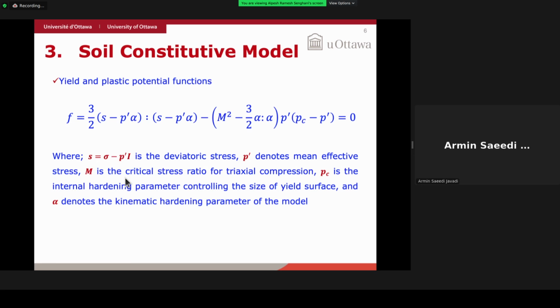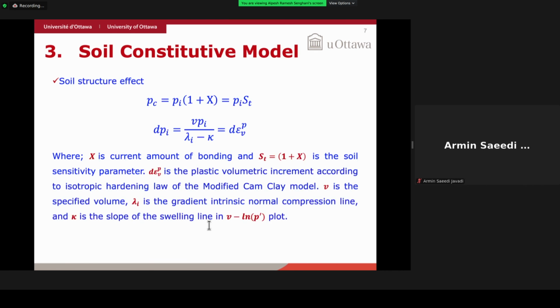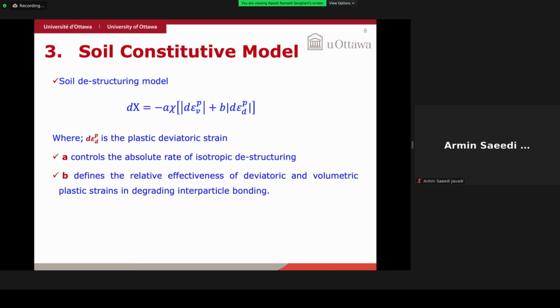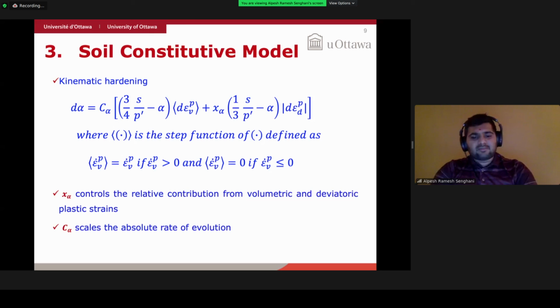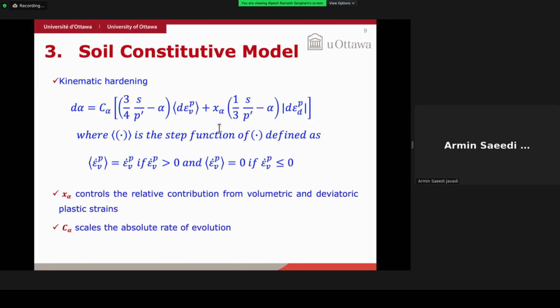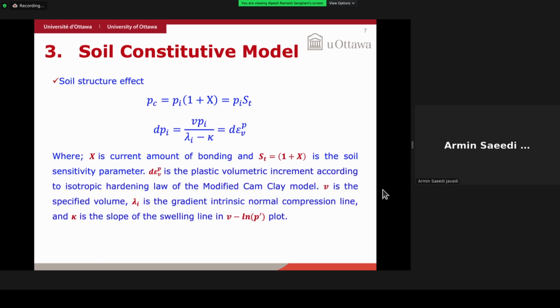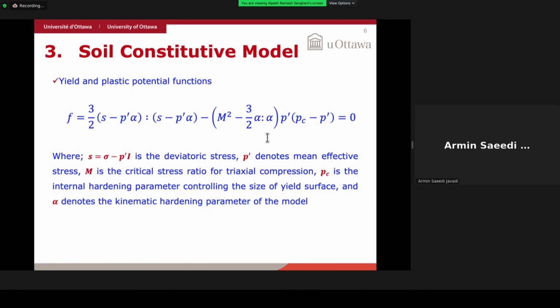Yeah, no, in your constitutive model. Was the plastic strain normal to the surface, or was it not normal? Oh, okay.